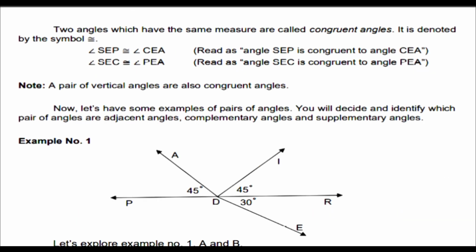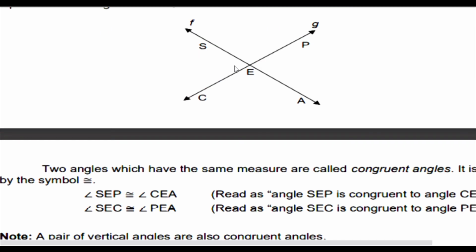Two angles which have the same measure are called congruent angles. It is denoted by this symbol. So in this figure, we have angle SEP is congruent to angle CEA.